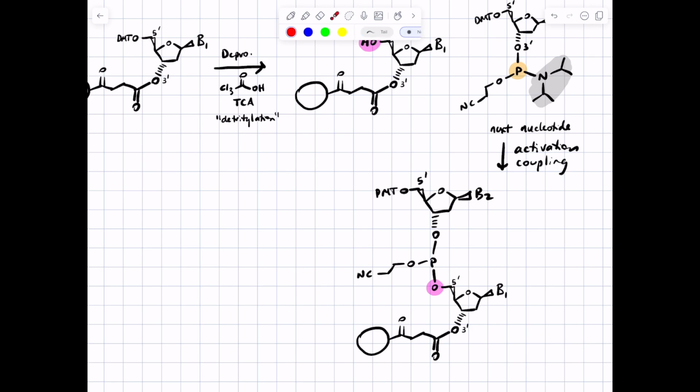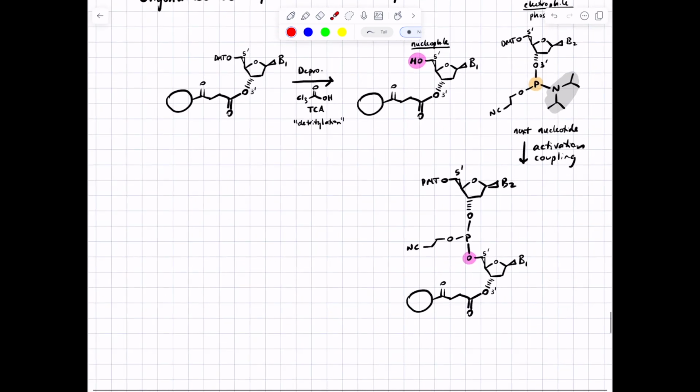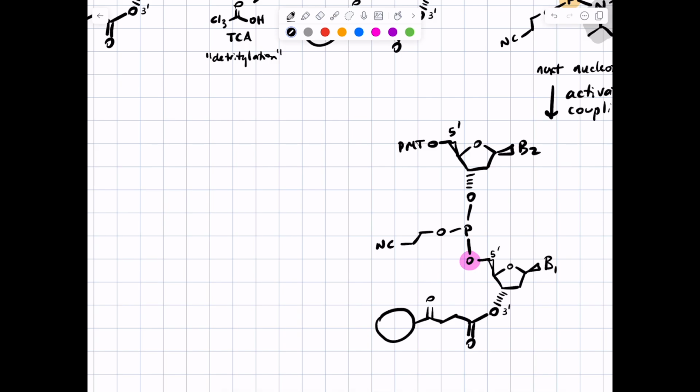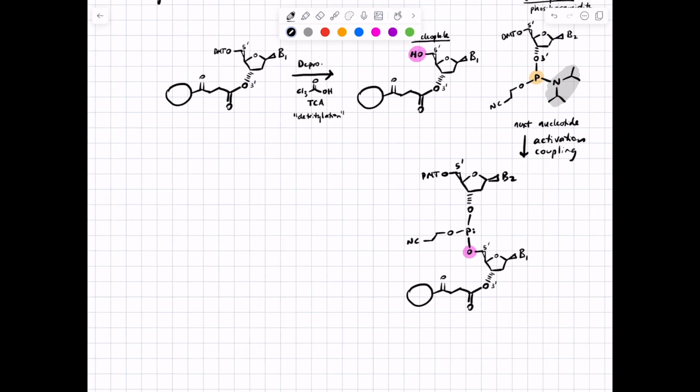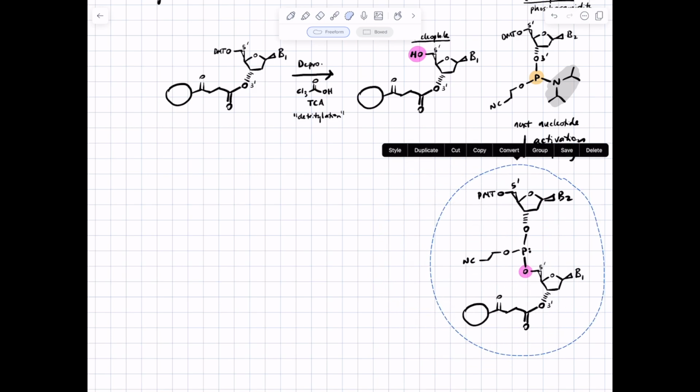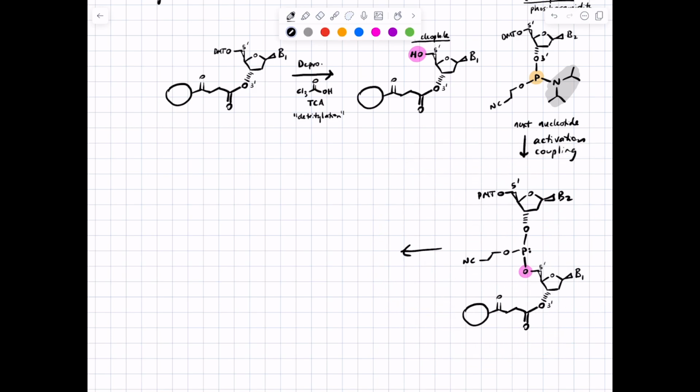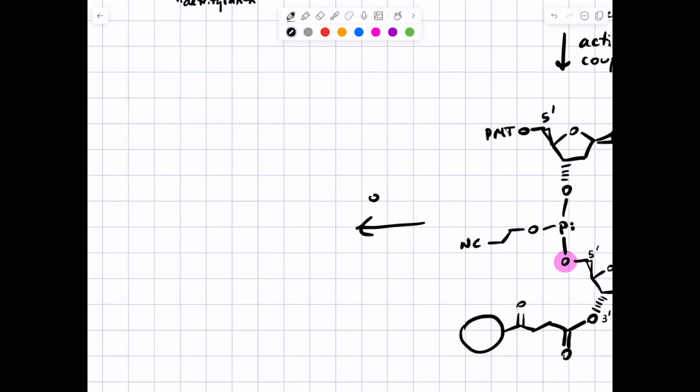But this doesn't look like a phosphodiester linkage, in part because this phosphorus is reduced relative to phosphate in a phosphodiester. So the next step in the synthesis is called the oxidation step.